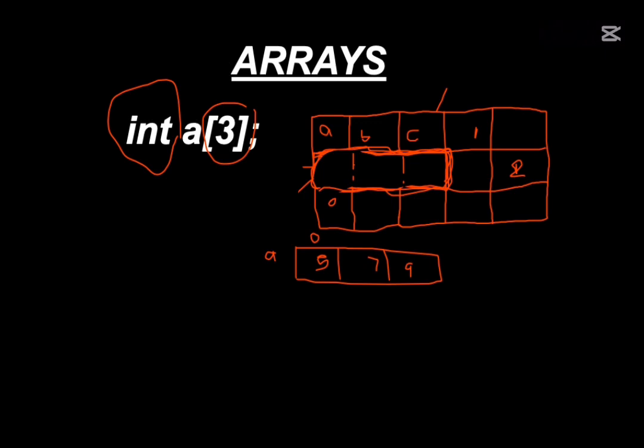So the first one is going to be 0, the next one is going to be 1, and the other one is going to be 2, and so on. It's going to continue like that: 0, 1, 2, 3, 4, 5, and that's how we number this array. And if you want to assign values, you have to use this index to assign values into this array.